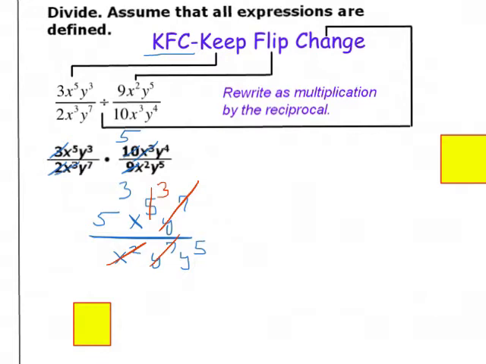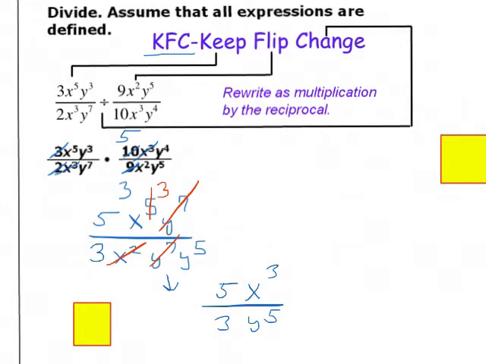So my final answer, and I'm going to go right down here with it. So my final answer is going to be 5 x to the third over, let's not forget that 3 that's down there, 3 y to the fifth.